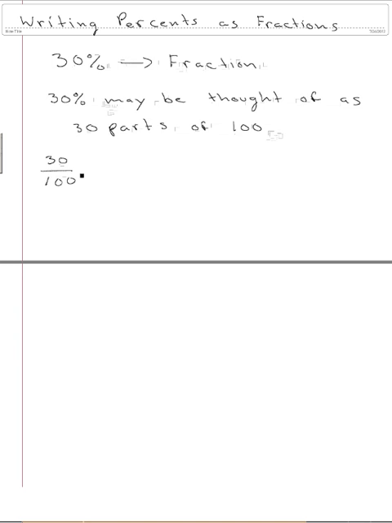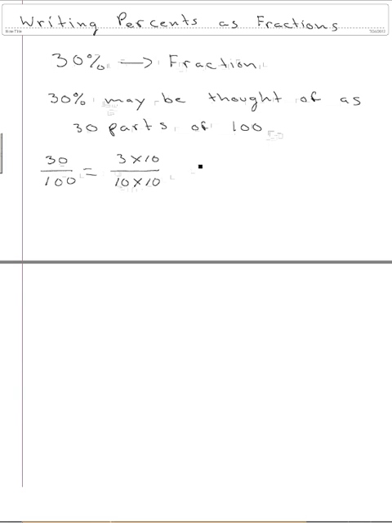But of course, with fractions, we always want to make sure that we write the fraction in lowest terms. And as we can see, both 30 and 100 have a common factor of 10. So 30 may be thought of as 3 times 10, and 100 may be thought of as 10 times 10.